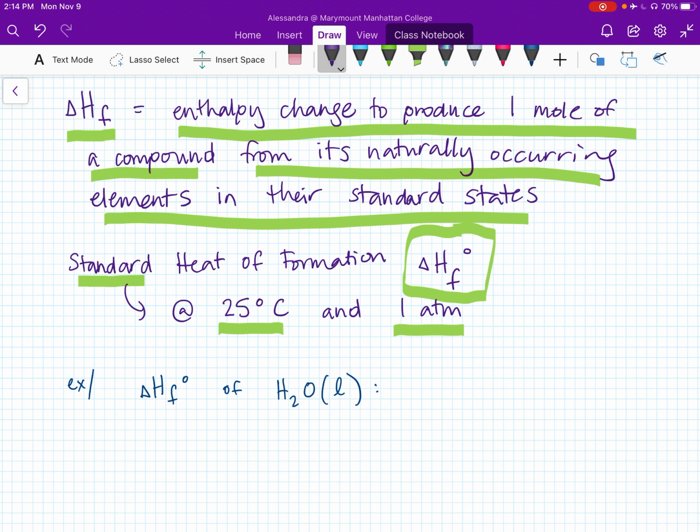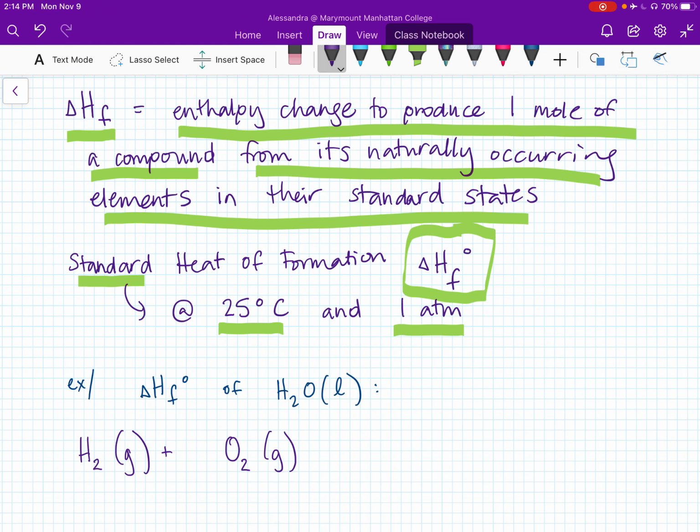The standard heat of formation of liquid water refers to the change in enthalpy required to produce water from its component elements in their pure states. Now, water is made of hydrogen and oxygen, and the pure states of hydrogen and oxygen are diatomic hydrogen and diatomic oxygen.